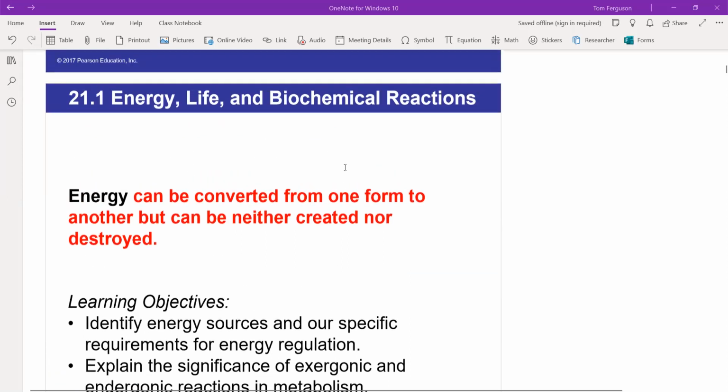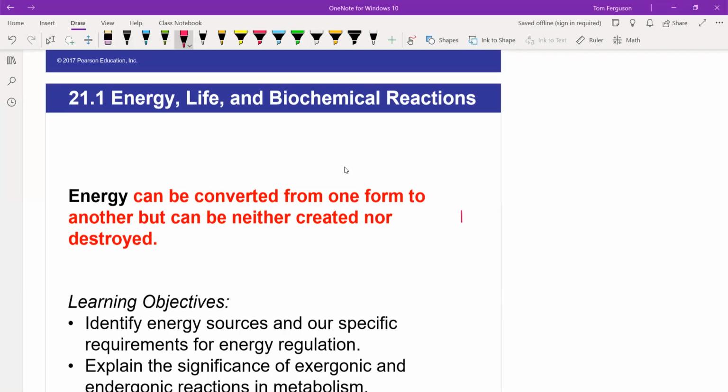Now, probably from 305, you talked about energy, and this statement isn't entirely correct. It can be interconverted, though, using this relationship here.